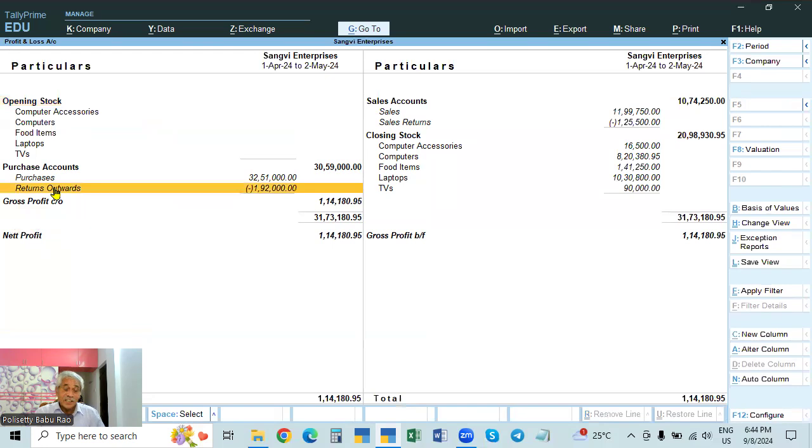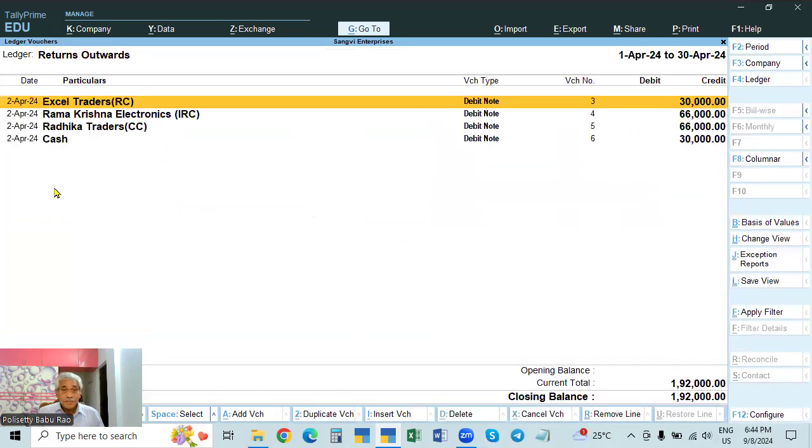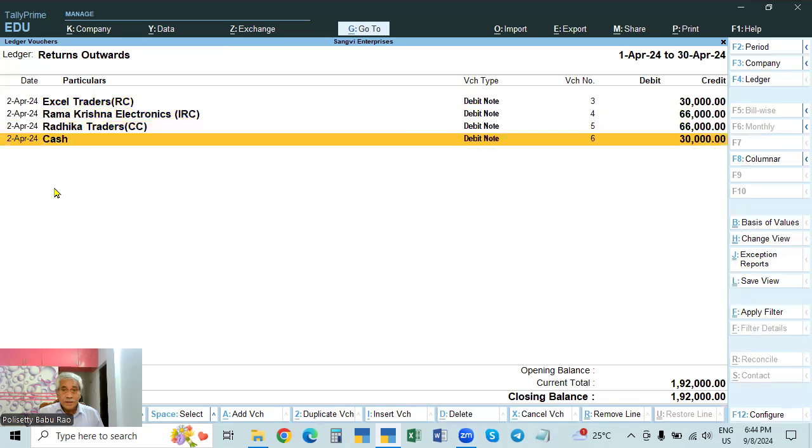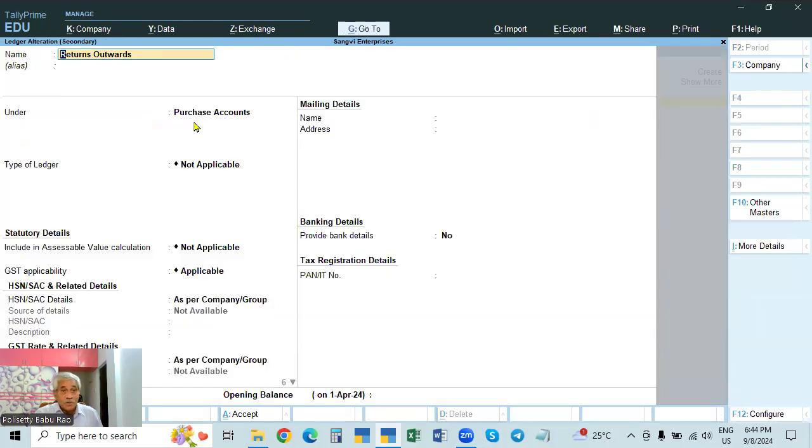So when I'm creating this, you can do this also. When I'm creating this, return outwards and purchase account group we are taking. Here also you can put purchase returns in brackets, if you cannot understand.